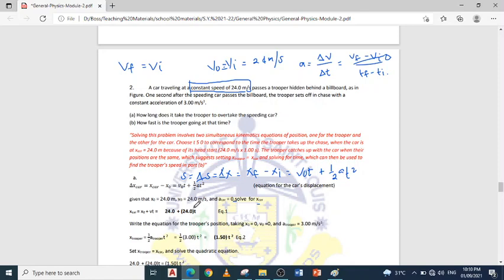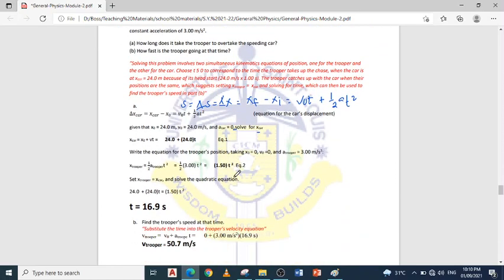Okay? So, we have another, meron tayong another variable na time. Okay? Equation 1. And then, write the equation for the trooper's position, taking x sub 0 equals 0.